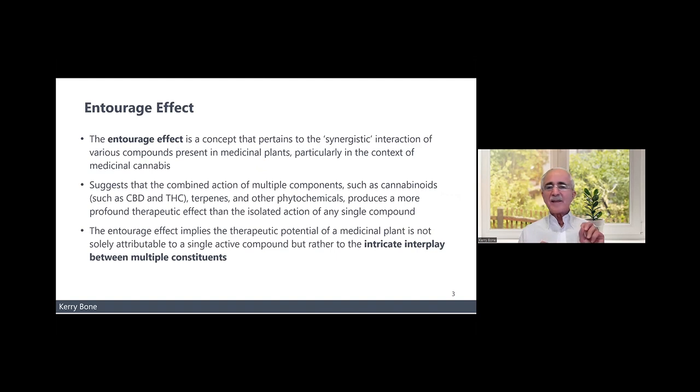It implies that the therapeutic potential of a medicinal plant is not solely attributable to a single active compound, as I discussed in part 1, but rather due to the intricate interplay between these multiple constituents. Hence the entourage effect is another way of describing this concept of network pharmacology. It's much more than just synergy, although it can be backed up by synergy as we defined in part 1.